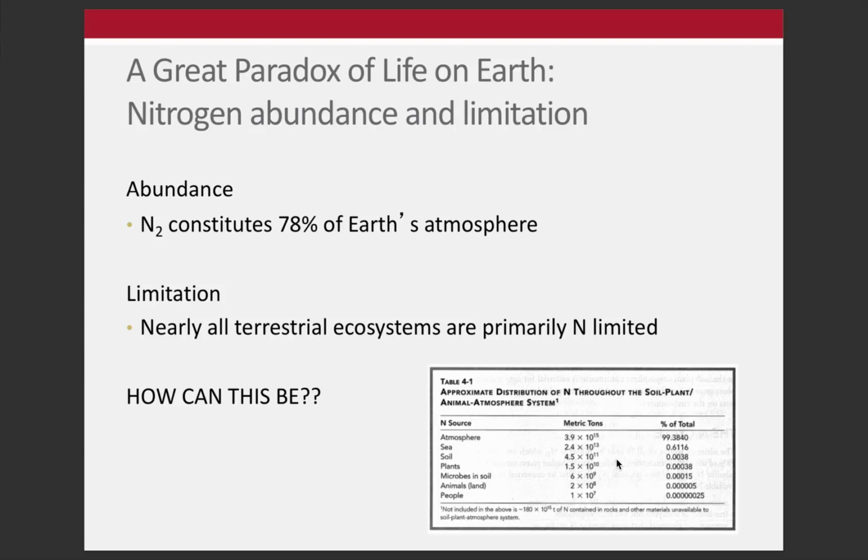You can just see how the vast majority of N occurs in the atmosphere, about 0.5% in the sea, and then it just really tapers off after that. So nitrogen is a very important nutrient, but it's very difficult for living organisms to actually acquire it in a form that they need.